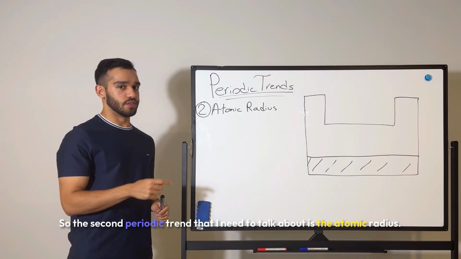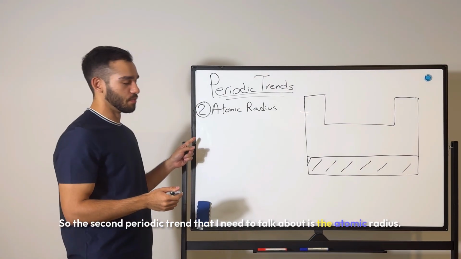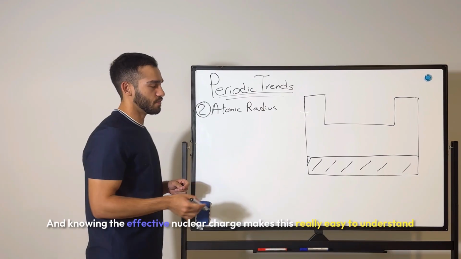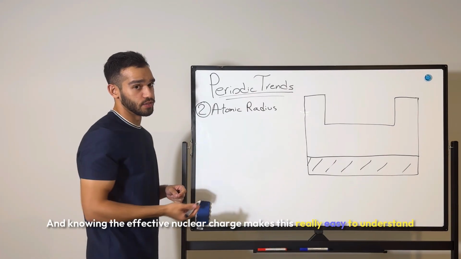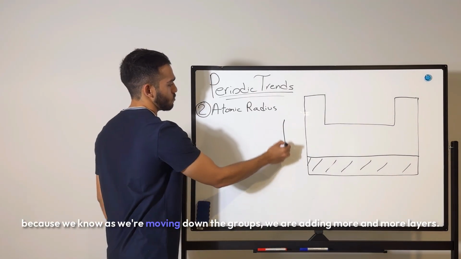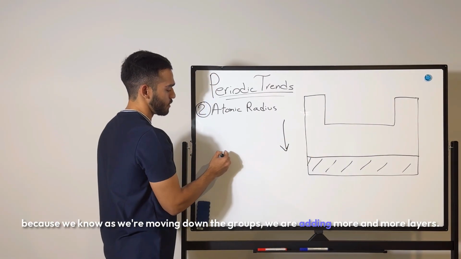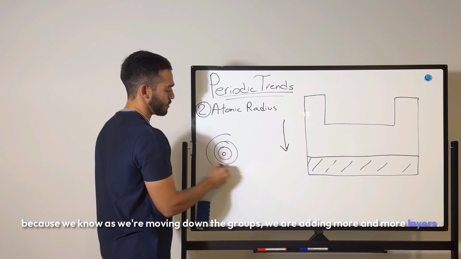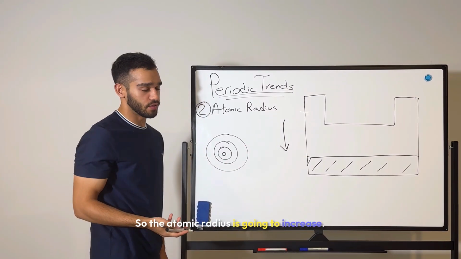So the second periodic trend that I need to talk about is the atomic radius. And knowing the effective nuclear charge makes this really easy to understand because we know as we are moving down the groups, we are adding more and more layers. So the atomic radius is going to increase.